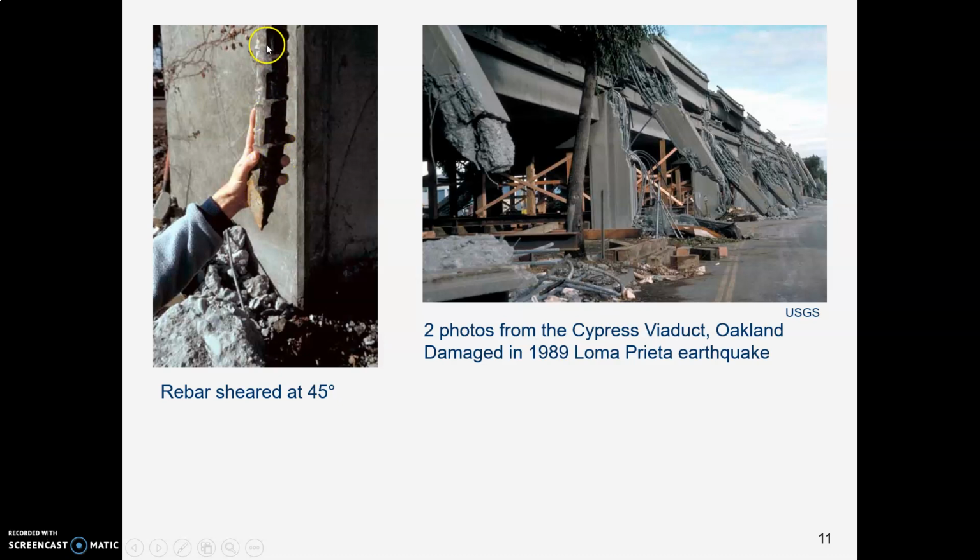This was out of a freeway bridge down in the Bay Area when that 1989 earthquake struck. And this big piece of rebar failed in shear, and there is that perfect 45-degree fracture face there. And then here are some supporting columns. You can kind of see 45-degree faces in some of them.